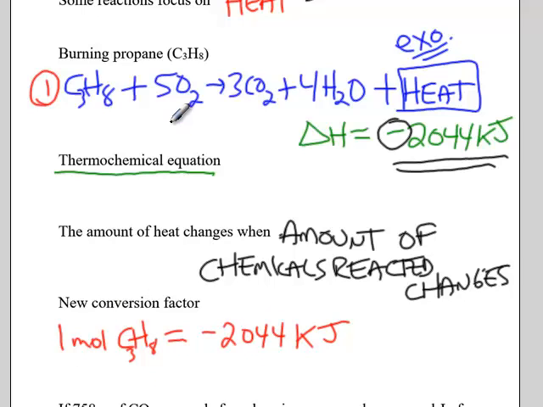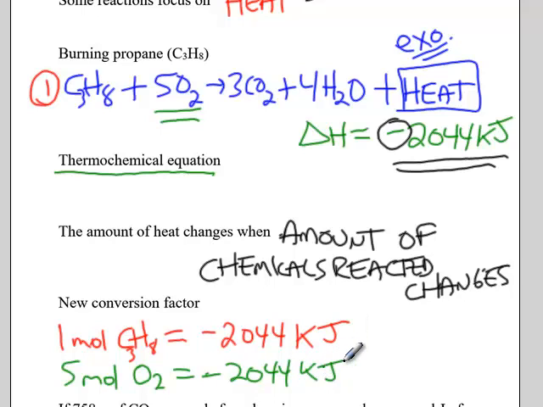If we reacted exactly 1 mole of propane, that's how much heat would be released. If we were interested in the oxygen instead, it would be 5 moles of oxygen that would have to react to release the same 2044 kilojoules of heat. If we were looking at the water that was made, it would take 4 moles of water to be produced, and then we know we would also be producing 2044 kilojoules of heat.